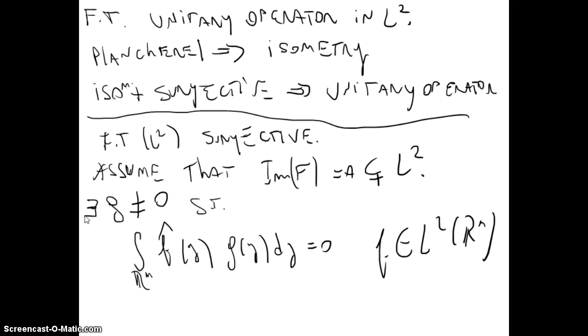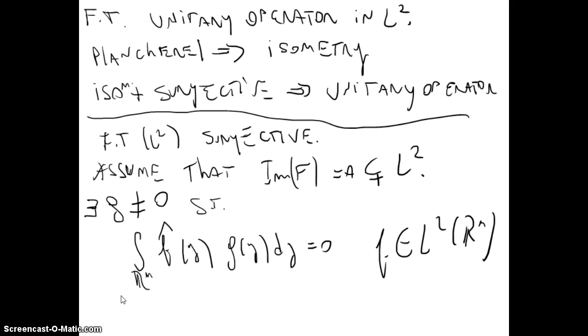Okay, so if this is g and we multiply it by a Fourier transform of f, it must be equal to 0 if this g is not in the image of F.